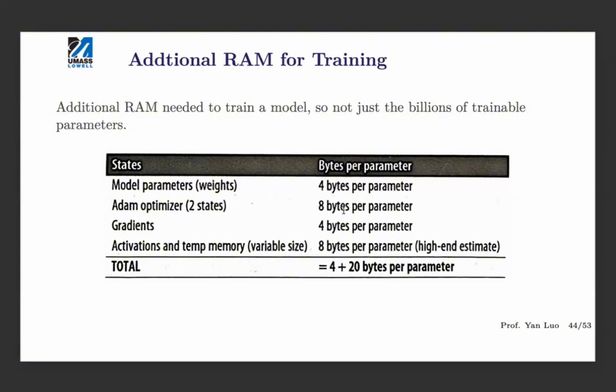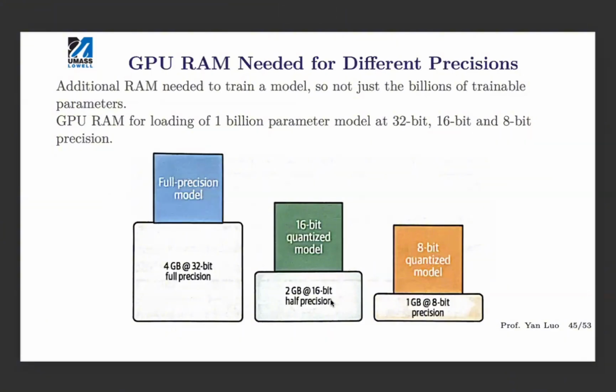A rough calculation shows that for each parameter, you need more bytes than the original parameter itself. So essentially, you're talking about an additional 20 bytes needed, in addition to storing the original parameter. So that's a lot.